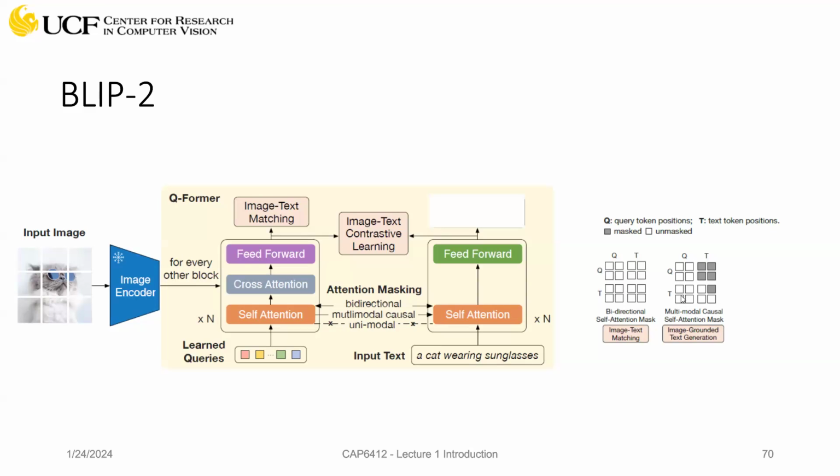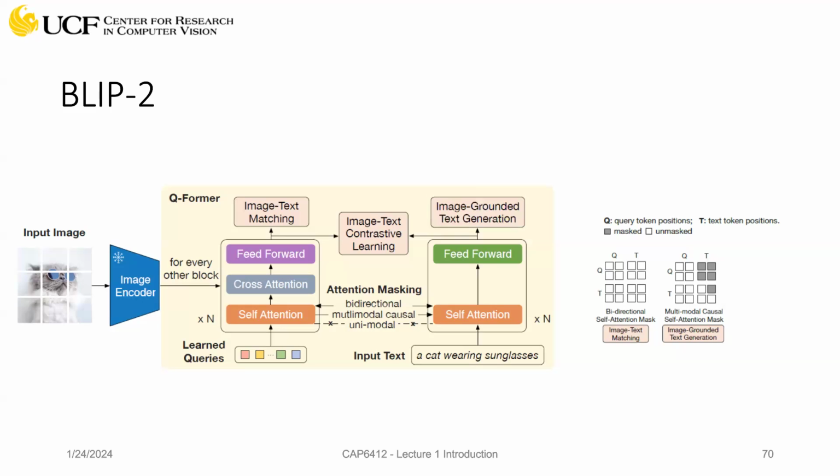For the text tokens, the first text token will get attention from itself, but not from the second token because it hasn't seen that. That's why it's causal. The second text token will get attention from itself and also from the previous one. So that's the way they are using this attention.